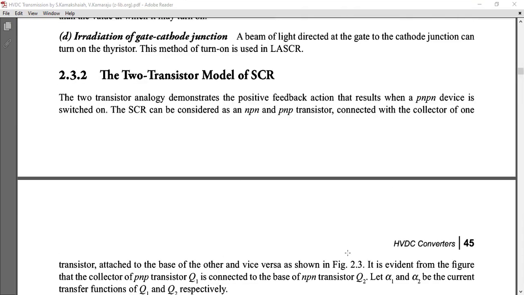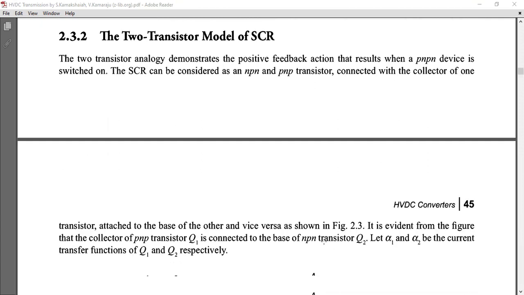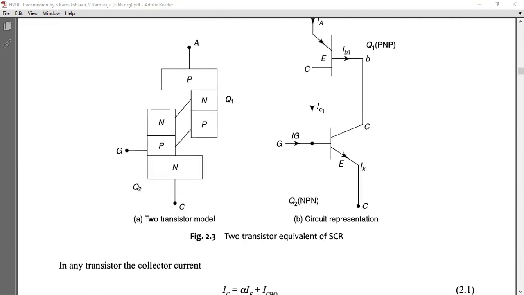And now we will go for the two transistor model of the SCR. So this is the two transistor model of the SCR. The two transistor model demonstrates that a positive feedback action will be developing when a PNPN device is switched on.